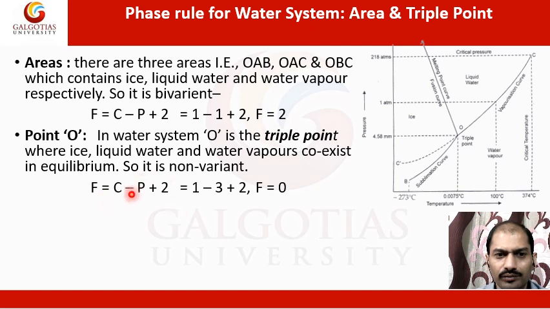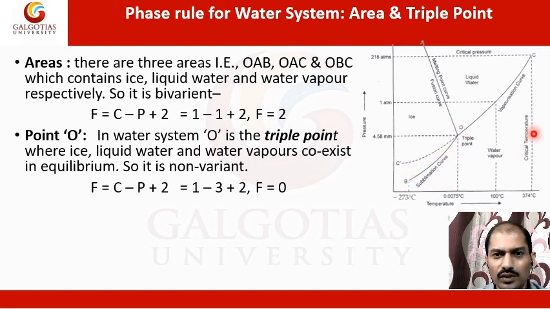Here, from the equation F = C - P + 2, it will come to 0. So the degree of freedom is 0, which means this is non-variant.